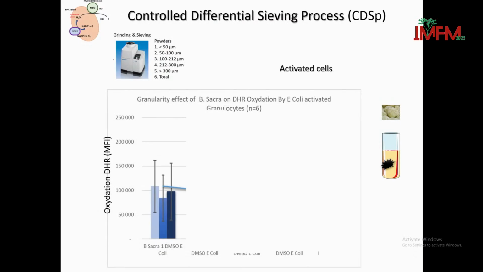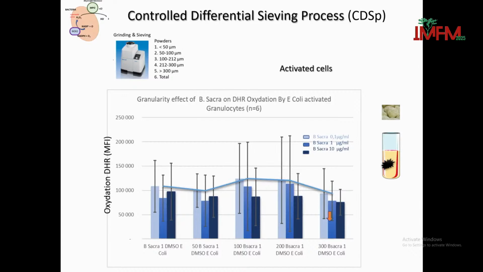And we also have tested the production of free radicals by using different fractions of granulometry. You see this is the full population of Boswellia sacra, and this is Boswellia sacra with granulometry below 50 microns, and with 100 micron, 200 micron, and 300 micron.